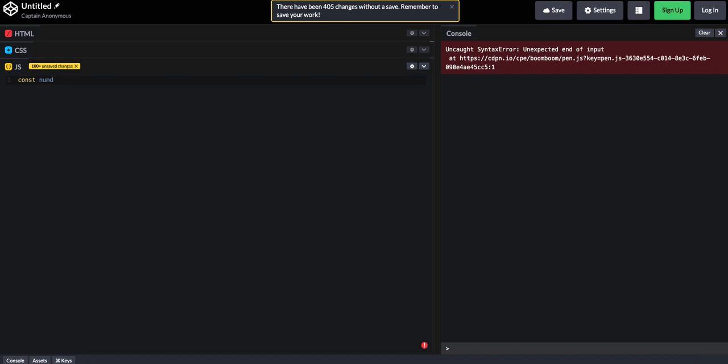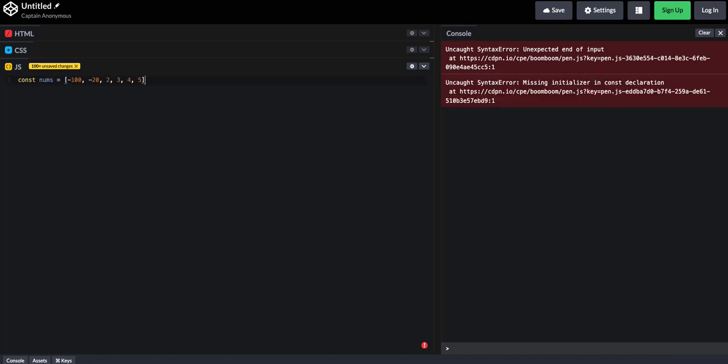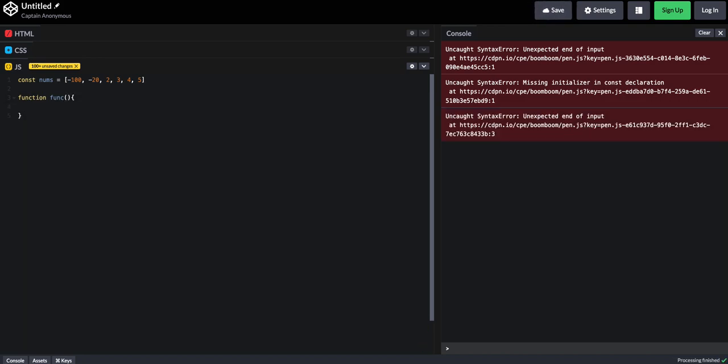Nums is going to equal that. Here's our function. Just to see that this is working, I'm going to move 5 over here. Nice. And we'll get rid of this.